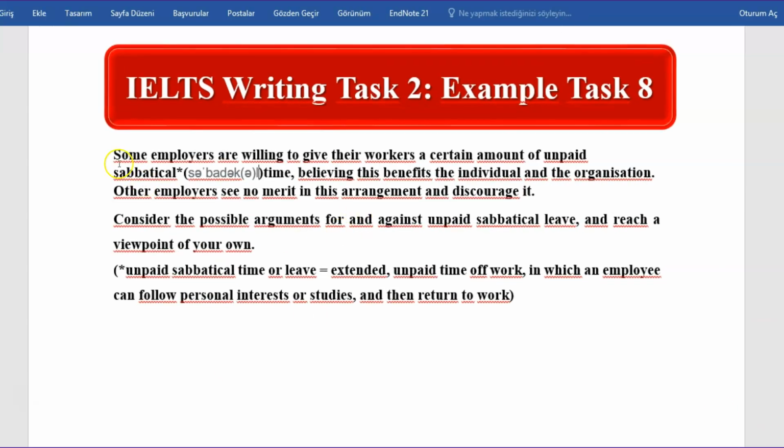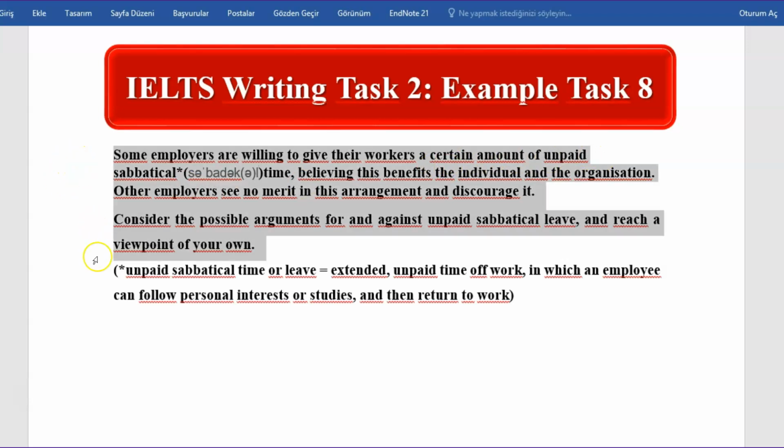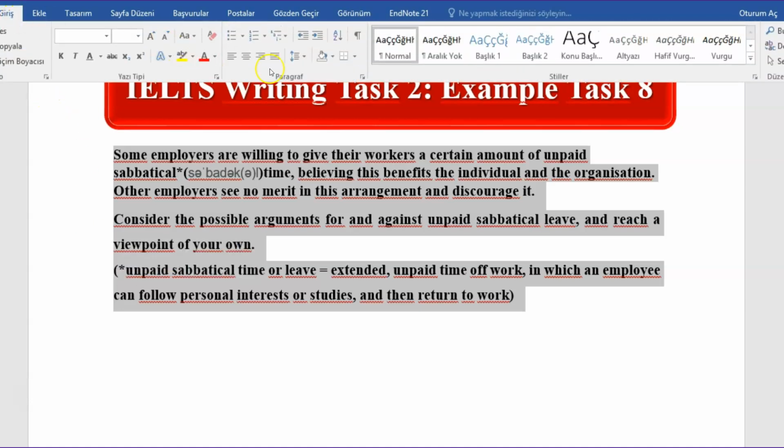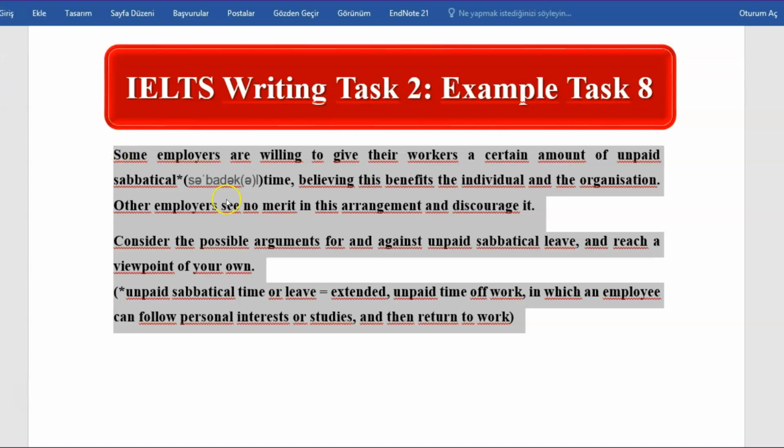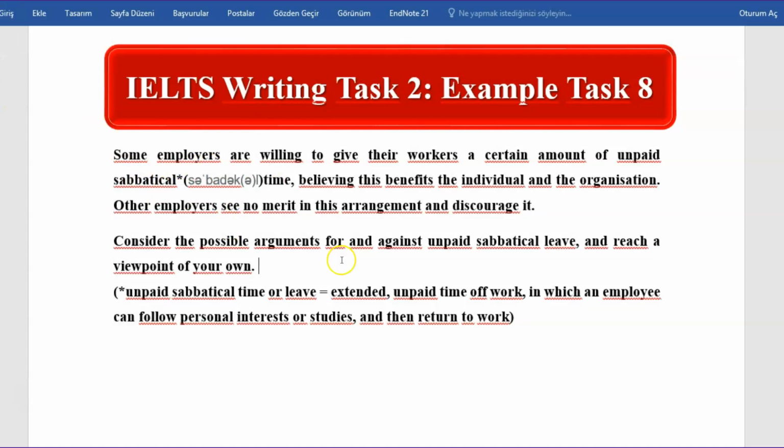Our question here is, let me correct here. Some employers are willing to give their workers a certain amount of unpaid sabbatical time, believing this benefits the individual and the organization.